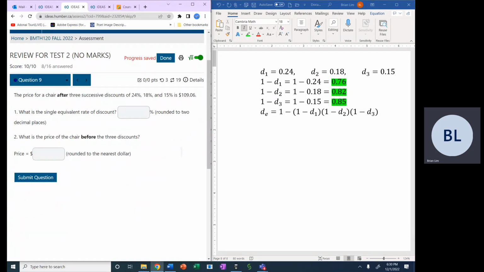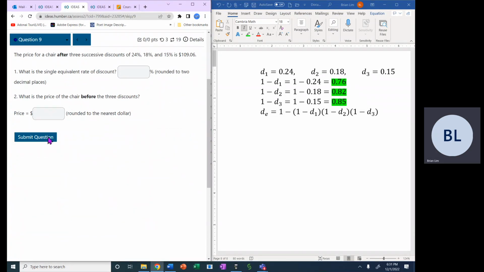Okay, question number 9. The price for a chair after 3 successive discounts of 24%, 18%, and 15% is $109.06. What is the single equivalent rate of discount expressed as a percentage?